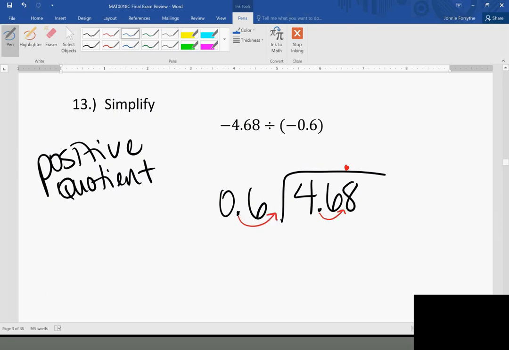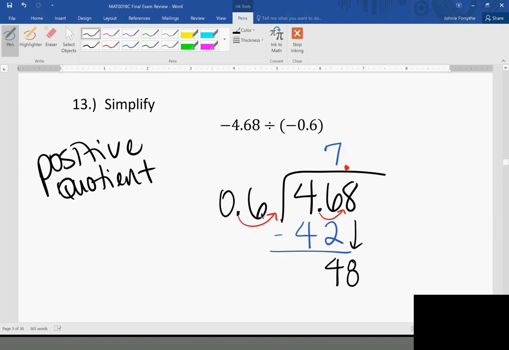So now we're going to say 46 divided by 6. So let's see. 6 times 8 is 48. So 8 is too big. Let's go with 7. So 7 times 6 is 42. And then we're going to subtract. And then we have 46 minus 42 is 4. And then bring down the 8.